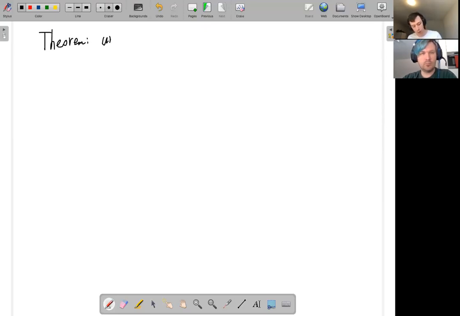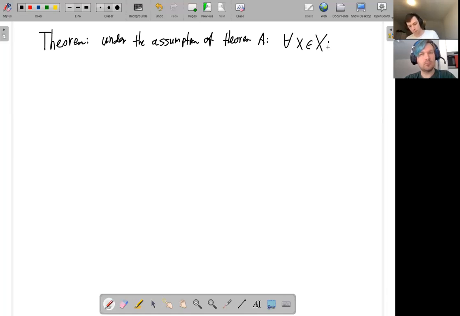So under the assumptions, theorem B, theorem A, for all x in X, and m greater than or equal to 1, our initial subharmonic function is a lower bound for the approximation.